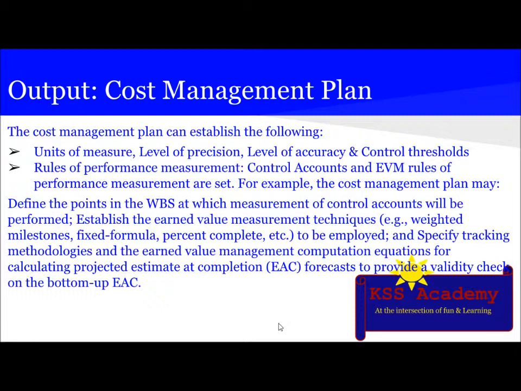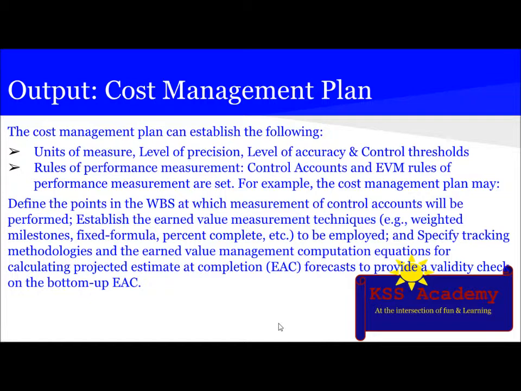In the case of weighted milestones, a budgeted earned value is assigned at the completion of that milestone. In the case of fixed formula, as an example, we can see a one month milestone with 0% earned when started and 100% when completed. In the case of percent complete, it's based on a subjective estimate of the percent complete and other equivalent completed units or level of effort.